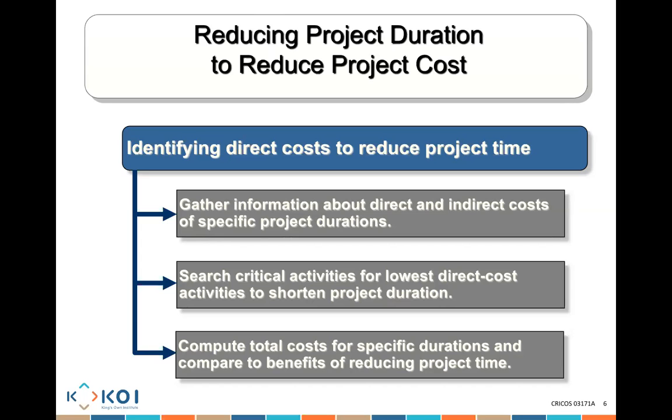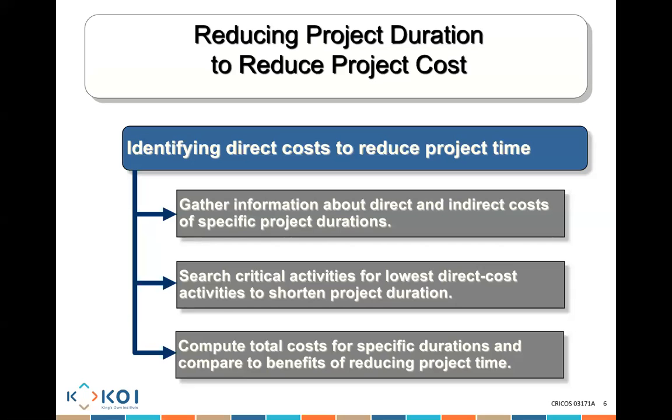One activity might cost you 50, one might cost you 80, one might cost you 200, and they're all on the critical path. So you try to reduce the duration of that activity on the critical path. That is going to be the least possible cost for you at that point in time.